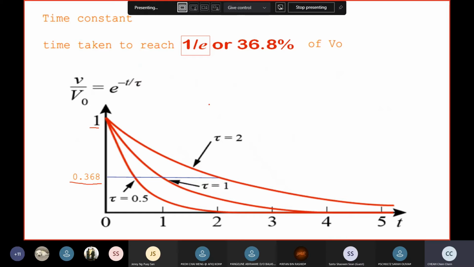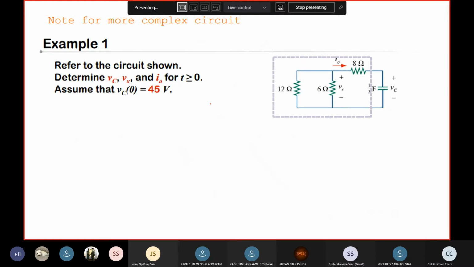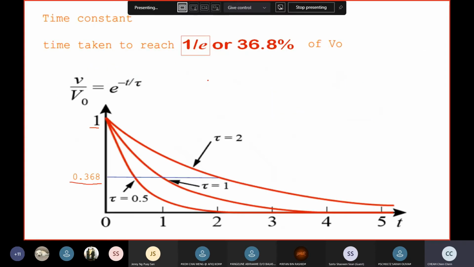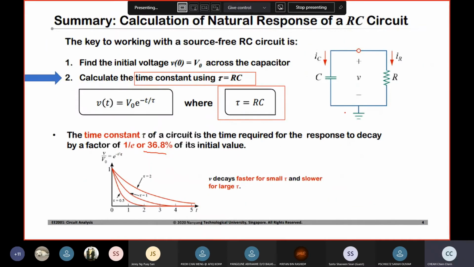Now, this is an example in your lecture notes, because you have seen RC circuits, which is a source-free RC circuit. But we know that circuits in general are not just RC circuits. You have, for example, many resistors with one capacitor.